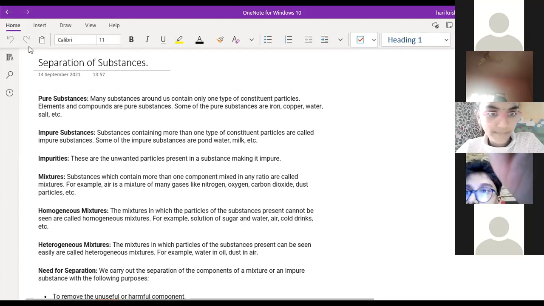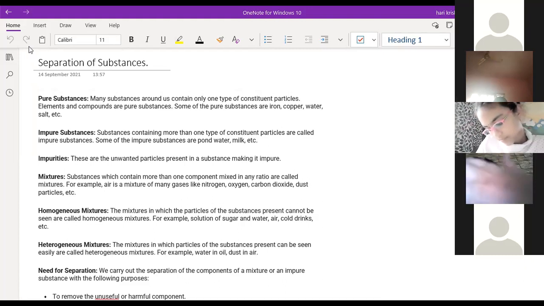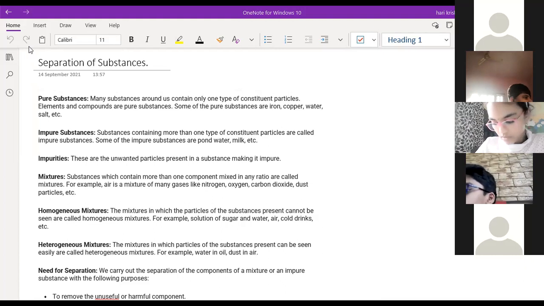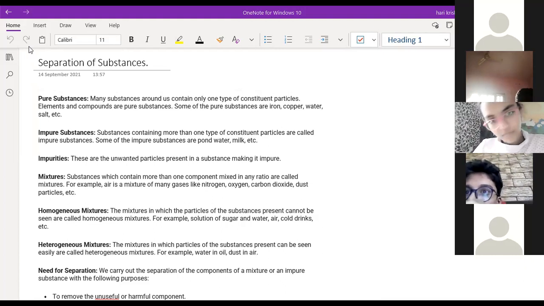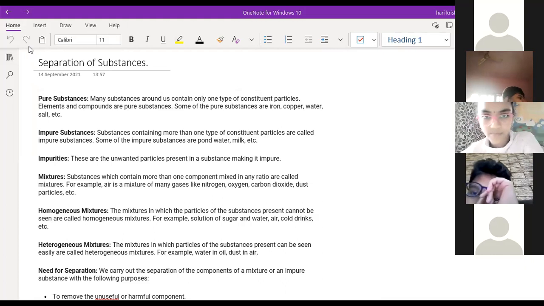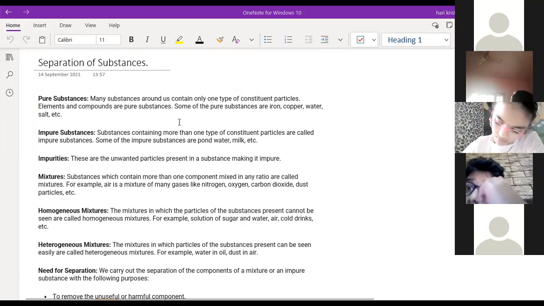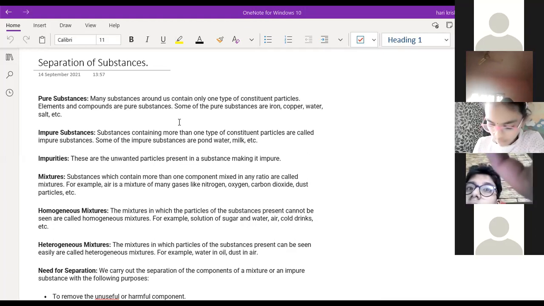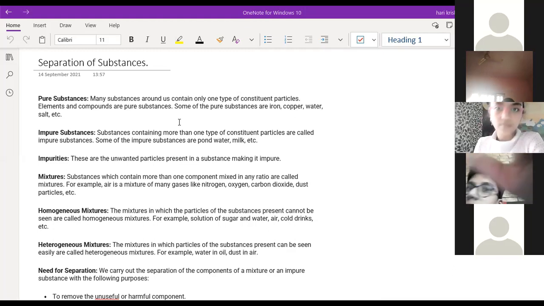So elements and compounds are the pure substances.